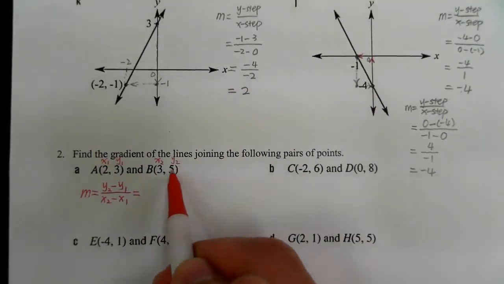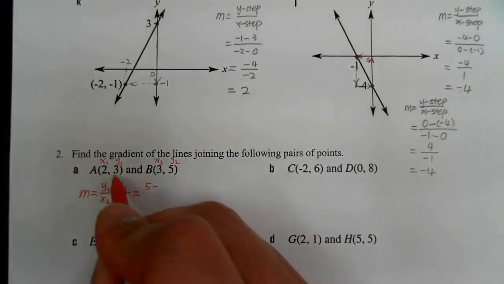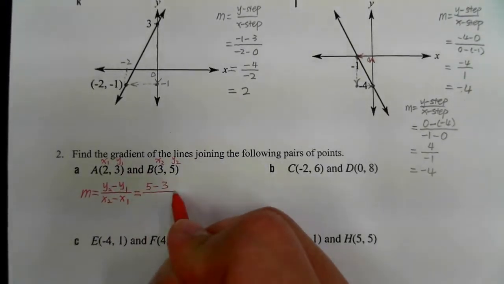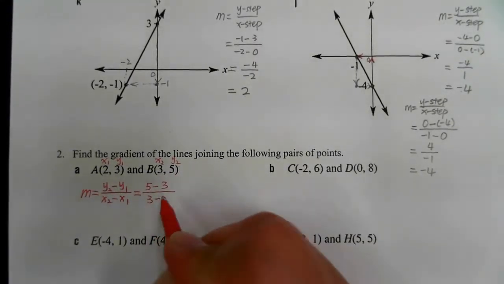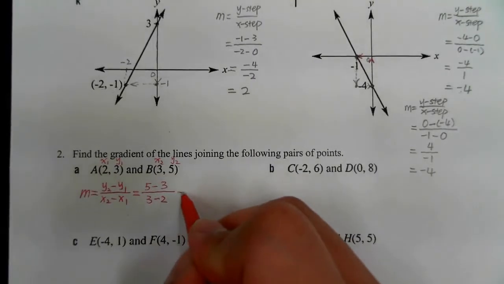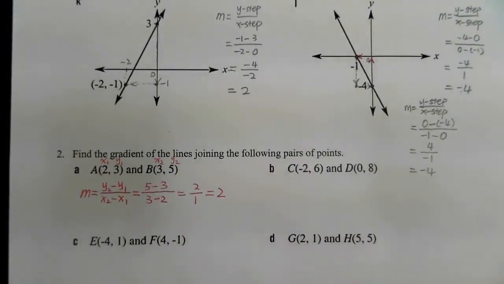So y2 is 5, and then you substitute, take away y1 which is 3, over x2 which is 3, take away x1, which is 2. So the answer is 2 over 1, which is 2.